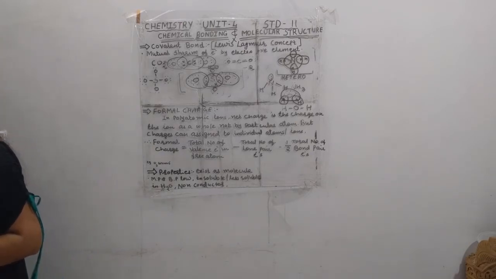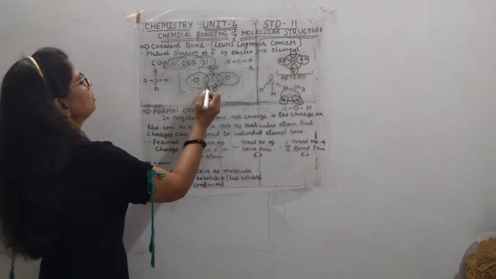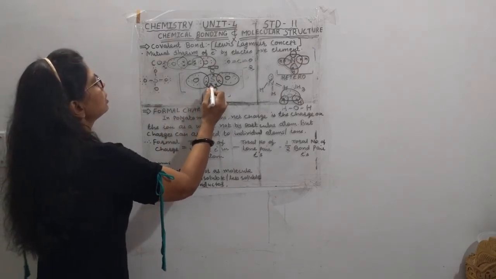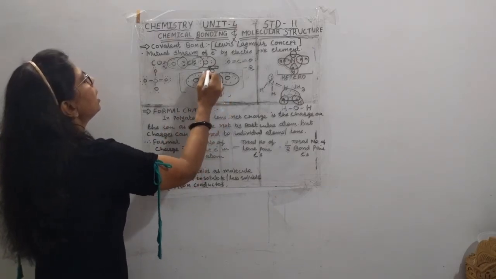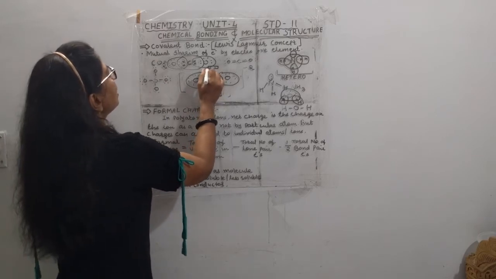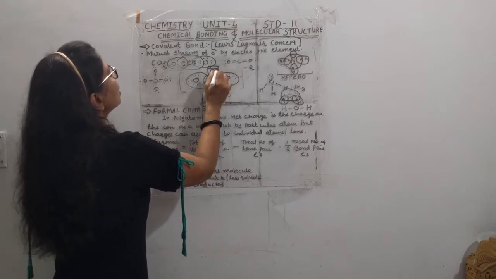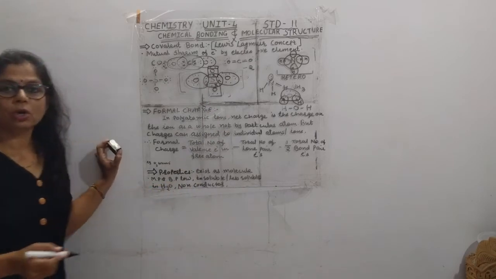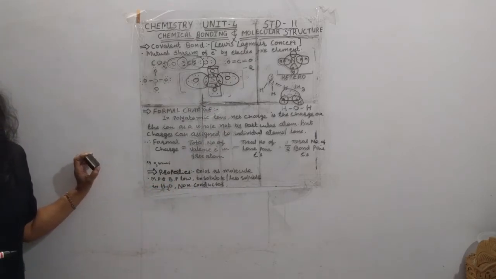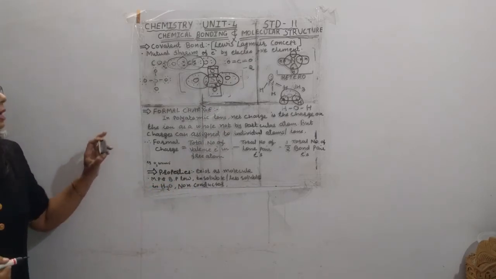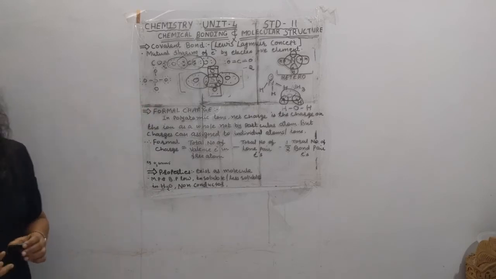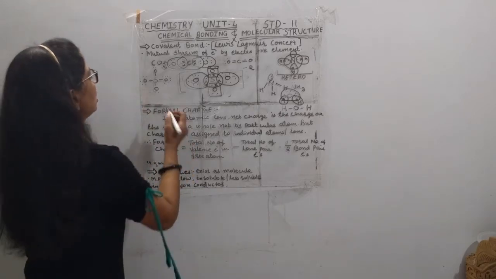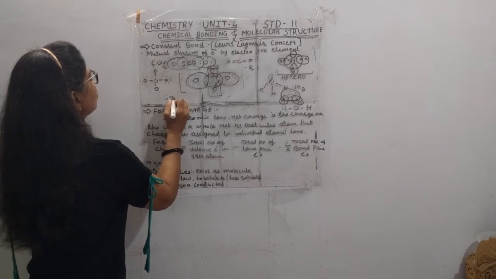So here you can see that these 2 oxygens require 2 electrons to complete their octet. So that's why we write SO4 minus 2. So this is the Lewis dot structure of SO4 minus 2.